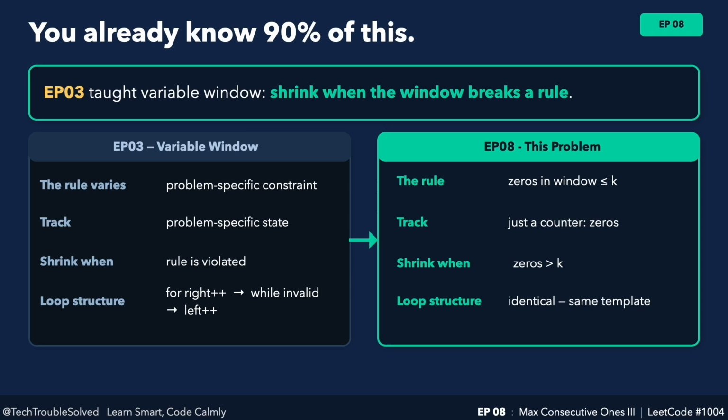We had to know which ones and how many. Episode 8, binary array, only 2 values. We only care about the zeros, so we count them. Binary input, track one number, not a frequency map. That's the entire difference. The loop is identical. The shrink logic is identical. The only new thing is the validity condition, which is the next slide.